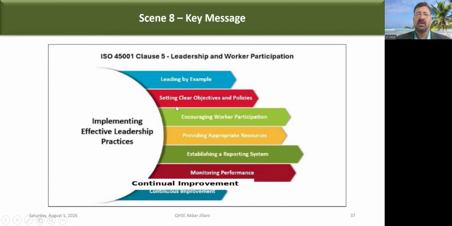As per ISO 45001, clause number 5, leading by example, is leadership and worker participation.